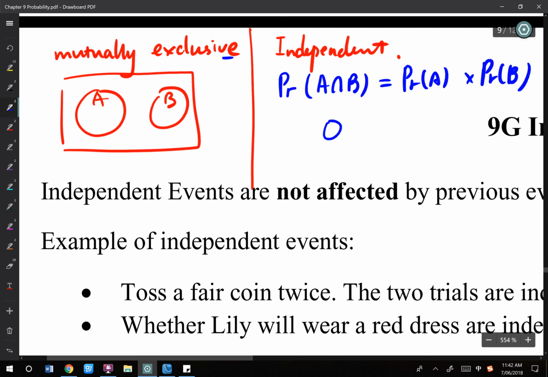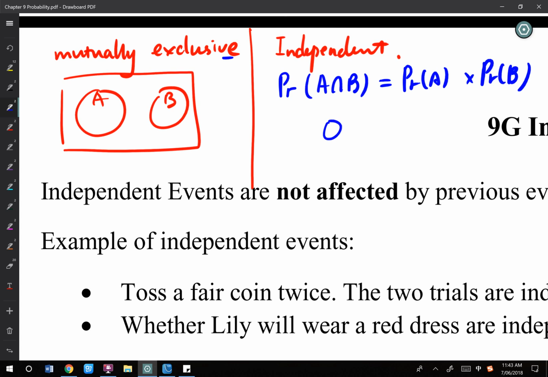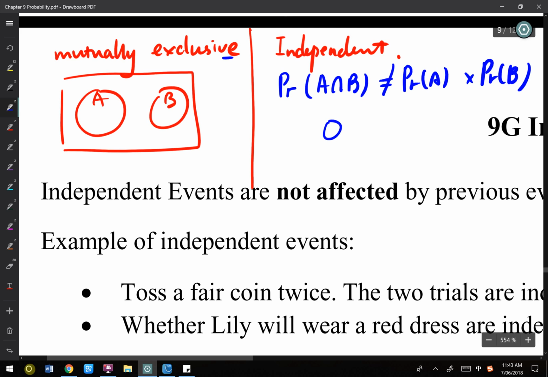It is 0. Do you think your right-hand side will be 0? Unless A or B is 0, unless we don't have A or we don't have B, and then we don't have two events, so there is no mutually exclusive. So it's not going to be true. This formula will not be satisfied.